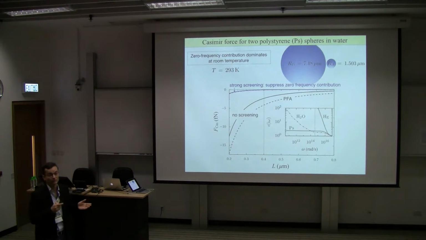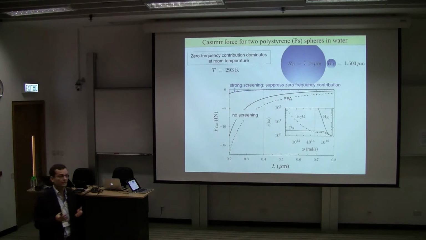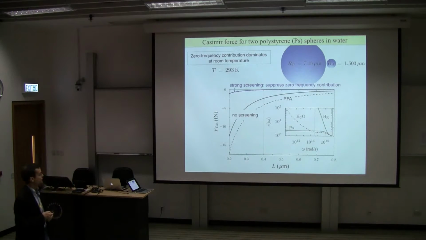So this is something open, so you guys, if you want, this is an interesting thing to work on. Nobody knows how to calculate the screening of Casimir interaction for arbitrary geometries. But what we have done here is just assume that if I have no screening, distance much smaller than the Debye screening length, I have the black line.